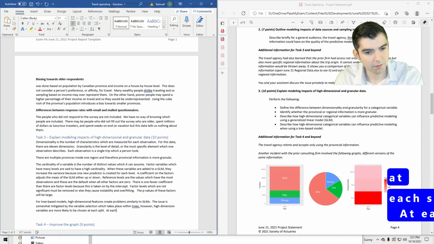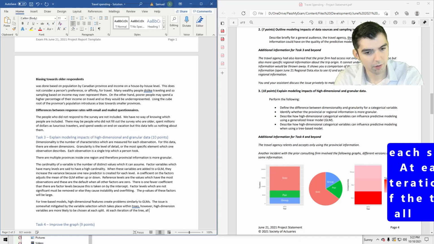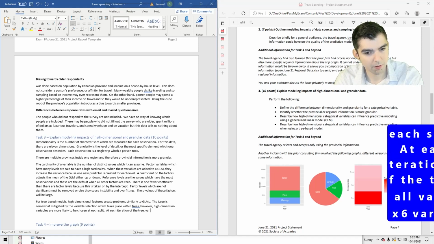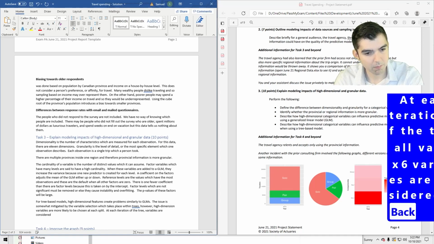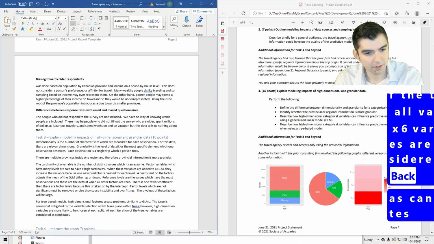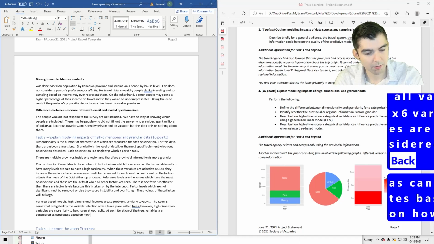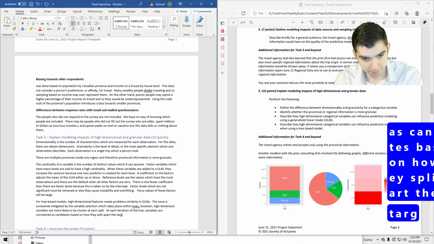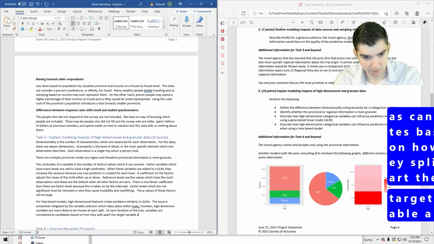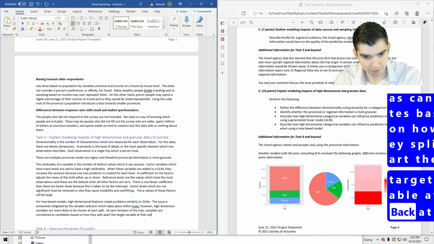At each iteration of the tree, all variables, or a subset of variables, are considered as candidates based on how they split apart the target variable at that subtree.